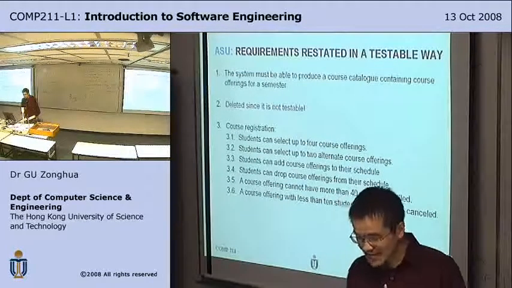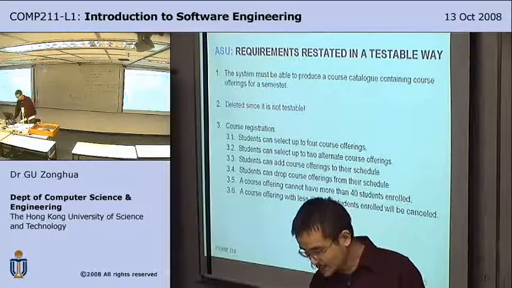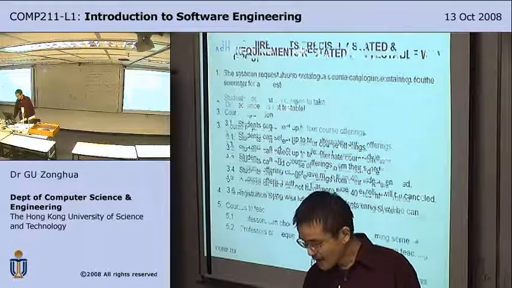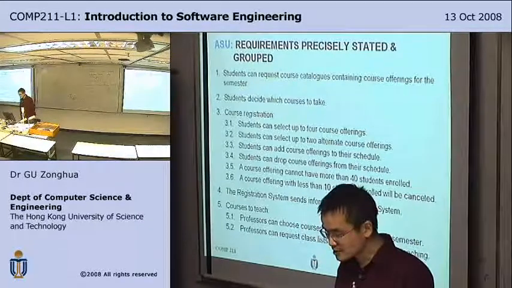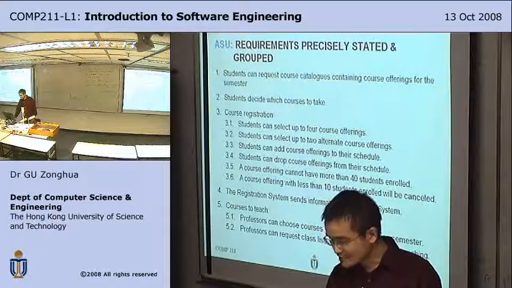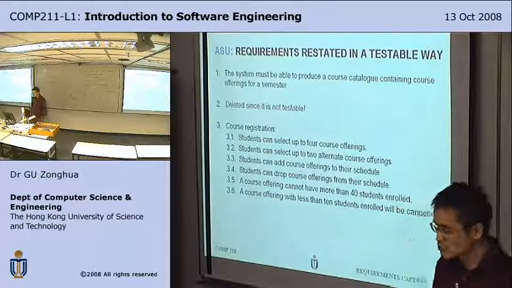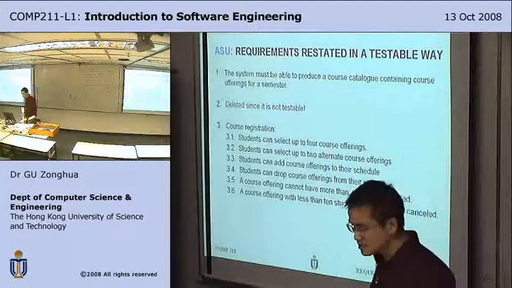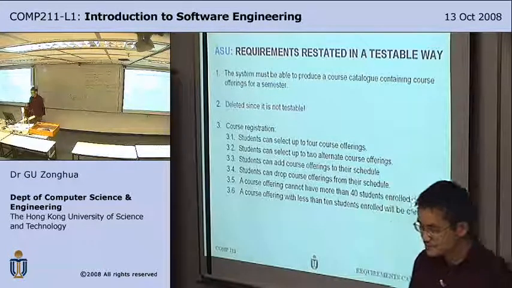So restate it in a testable way. The first line says students can request course catalogs containing course offerings for the semester. In a testable way, you'll say the system must be able to produce a course catalog containing course offerings for a semester.